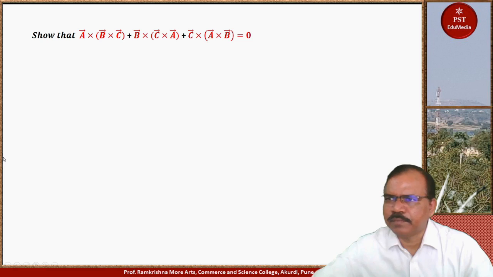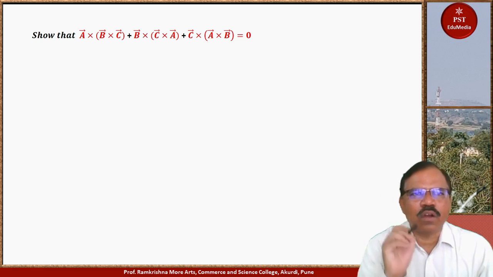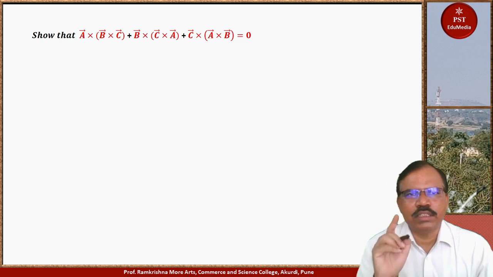What are we looking at? We have to show that A cross B cross C plus B cross C cross A plus C cross A cross B is equal to 0.